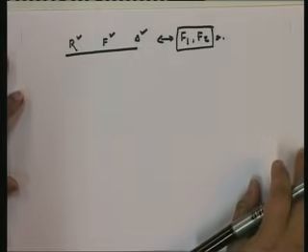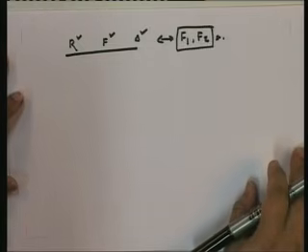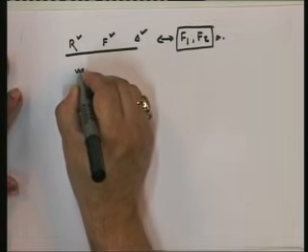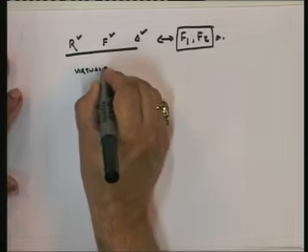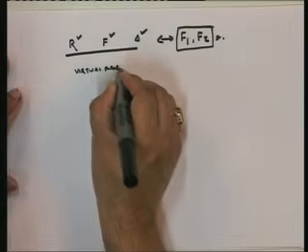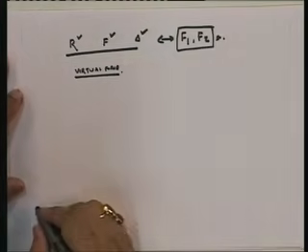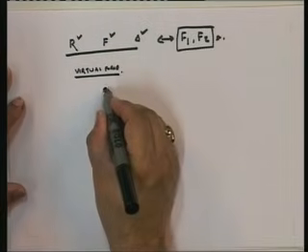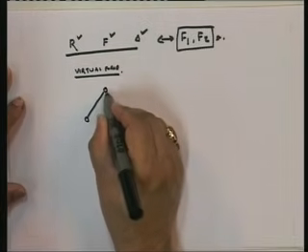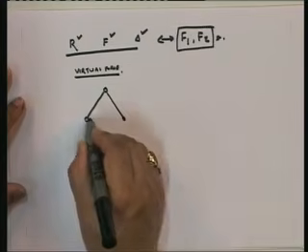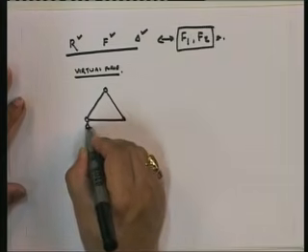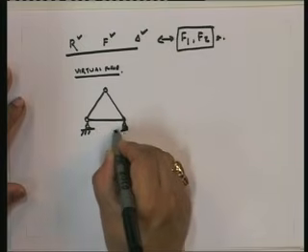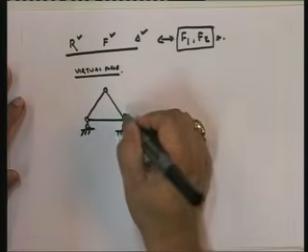Now, what's the next step? Now I'm going to apply the method of virtual force to get my R1 displacement. So what do I do? The method of virtual force says I need to apply a set of virtual forces on the body.